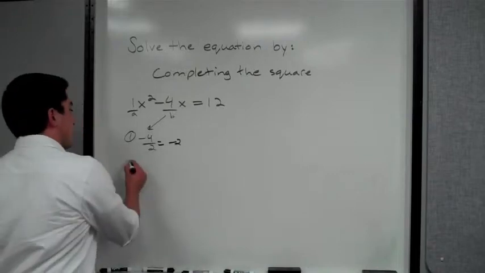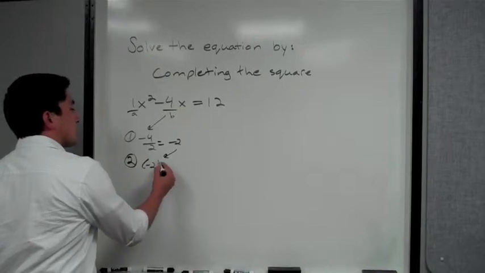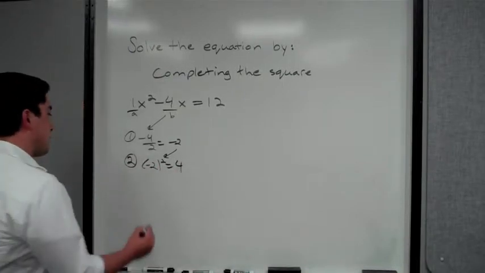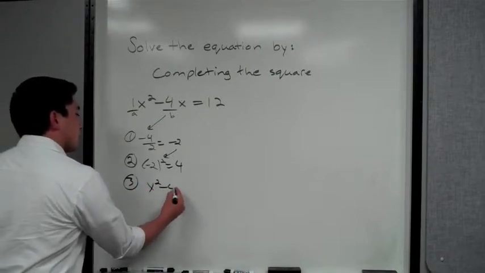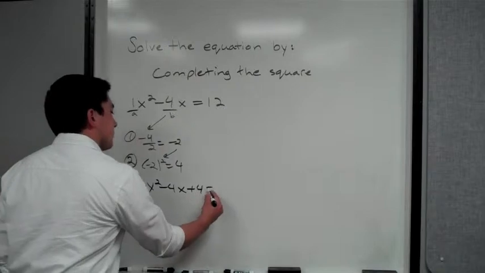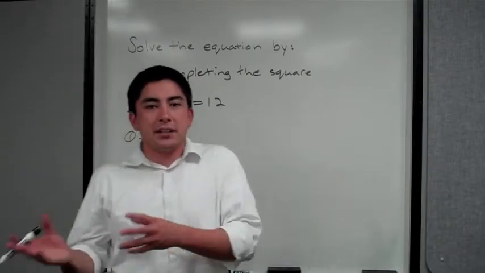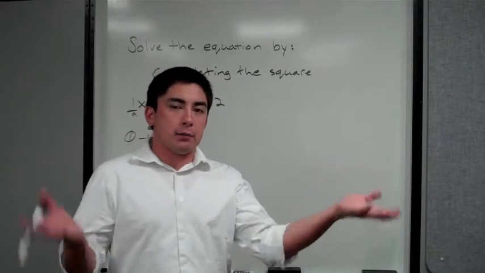Our second step is to square that. Negative 2 squared is 4. Our third step is to add that to both sides of the equation. Remember, you can add any value you want to an equation as long as you add the same amount on both sides.